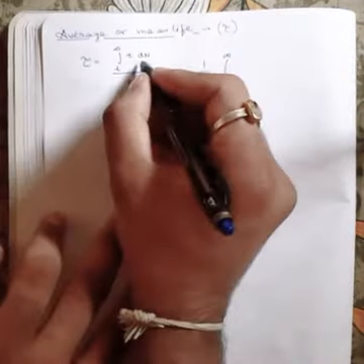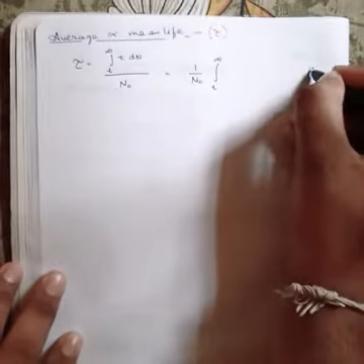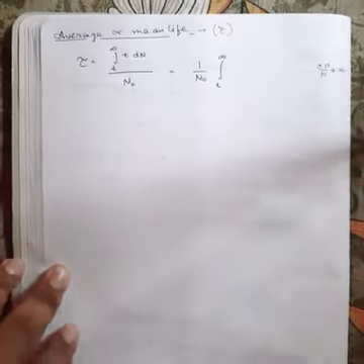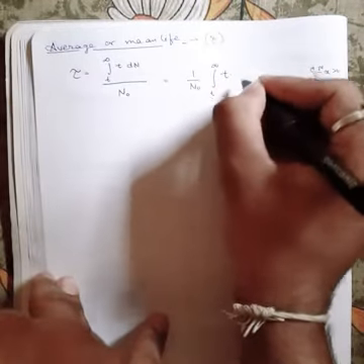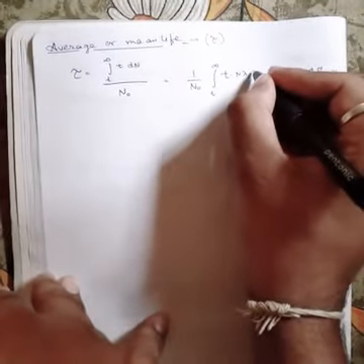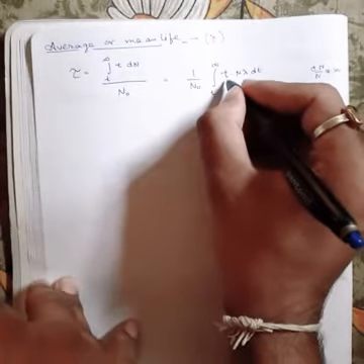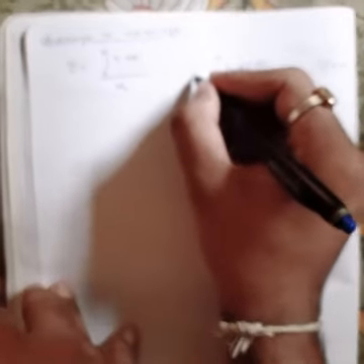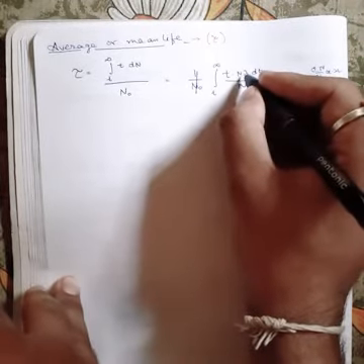So dN by N equals lambda dt, therefore we get t lambda N dt, because we're considering dN, a small part here, divided by N naught, and N equals N naught e to the power minus lambda t.